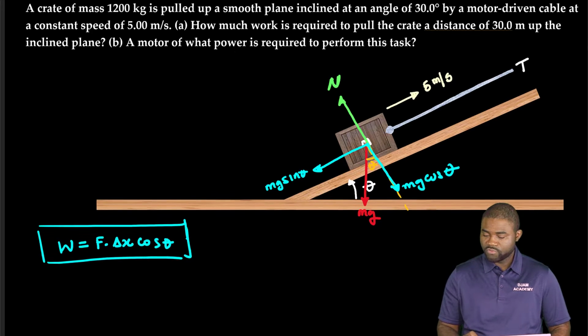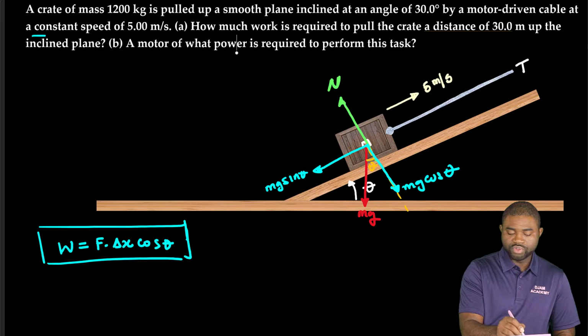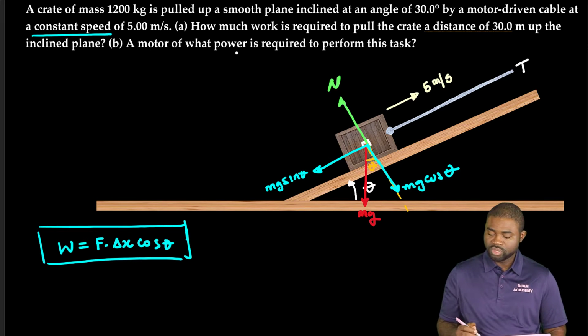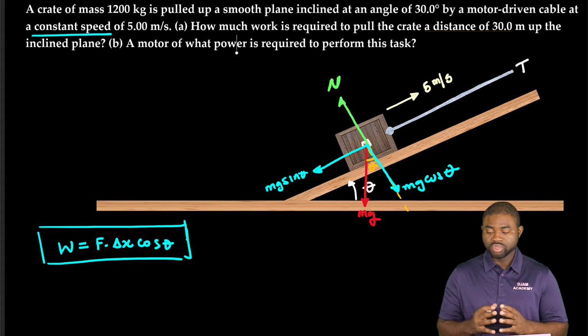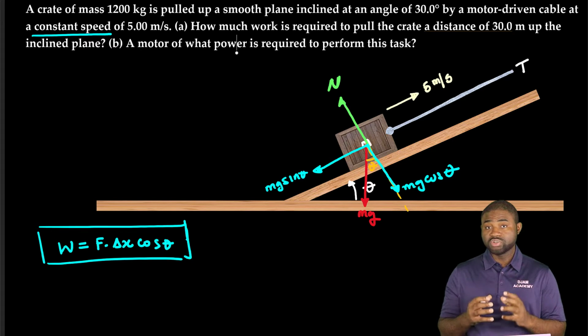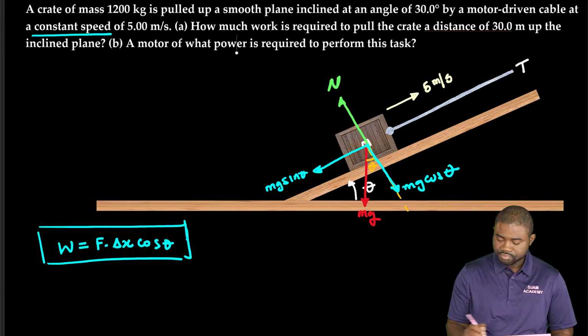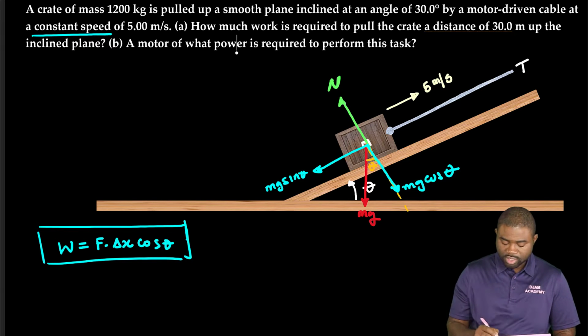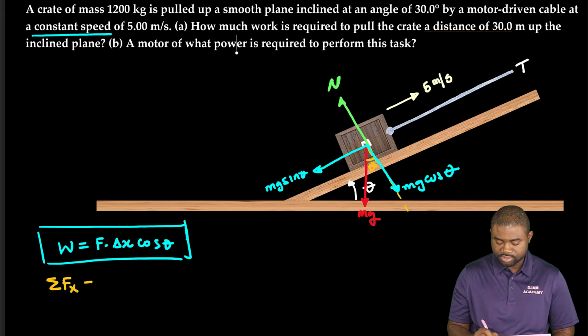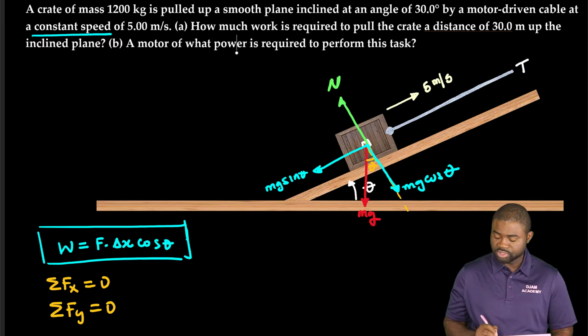Since the system is moving with a constant velocity, the sum of forces acting on the crate is zero. That implies that the sum of forces along the x direction is equal to zero, and the sum of forces along the y direction will be equal to zero.